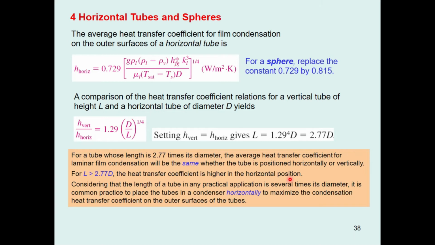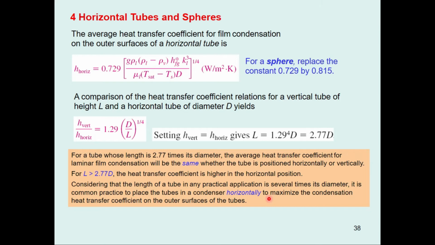So from this we see that in any practical application the length of a tube is several times its diameter, and tubes are very lengthy compared to their diameter. So it is common practice to place the tubes in the condenser horizontally to maximize the condensation heat transfer coefficient on the outer surfaces of the tubes.